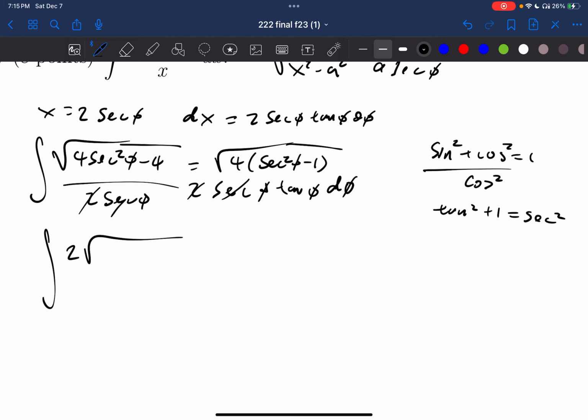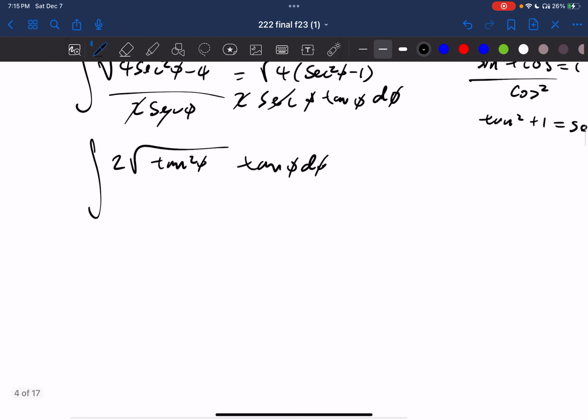So secant squared minus 1 is going to be tangent squared. So this is going to be tangent squared theta all over, well, we said this cancels and this cancels, so it'll just be tangent theta d theta like this. Here, we can bring the 2 to the front. Square root of a square is just whatever is on the inside, times another tangent, so this tangent would be squared d theta.